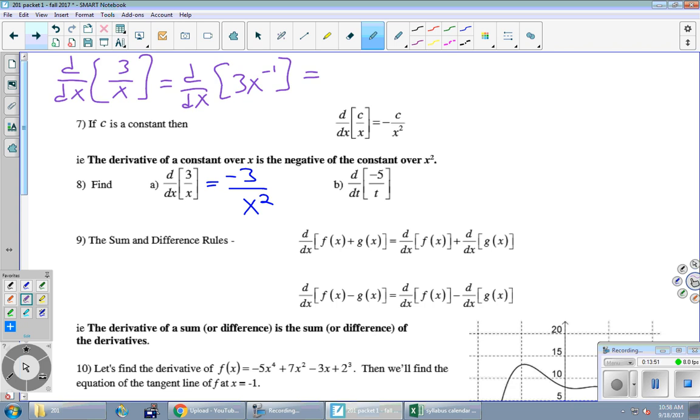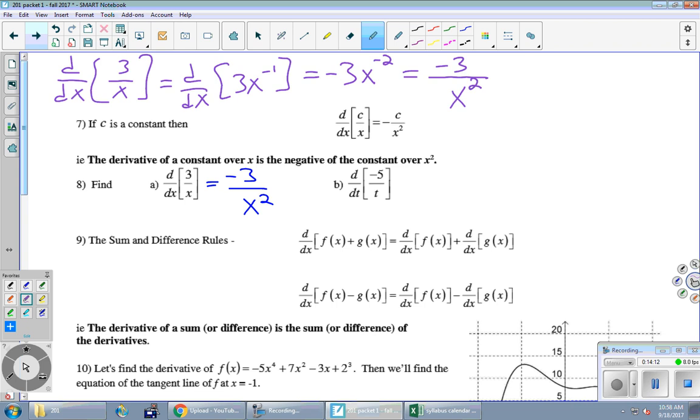What happens here to take a derivative? Negative 1 comes down, hits that guy, so negative 3. Copy the x, and then the new power is negative 2. That's fine. And then x to the negative 2 really means x squared on the bottom, right? What's on top? Negative 3.